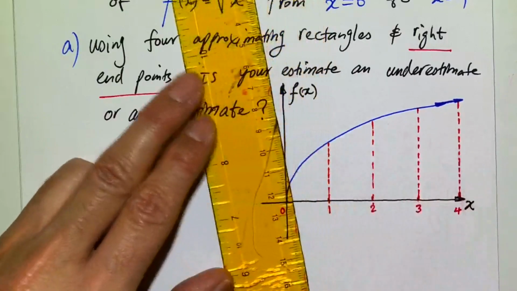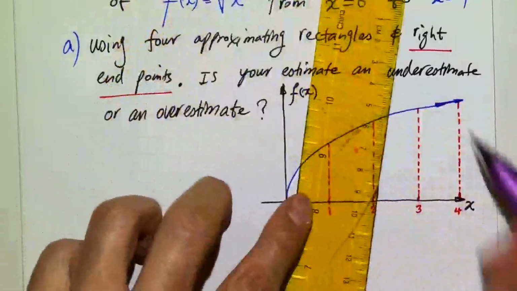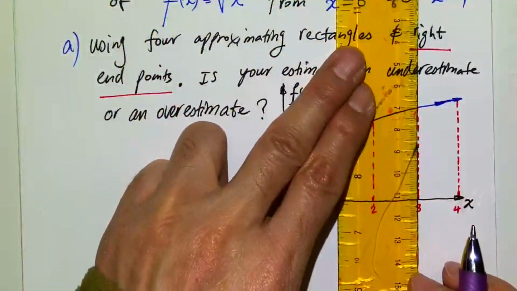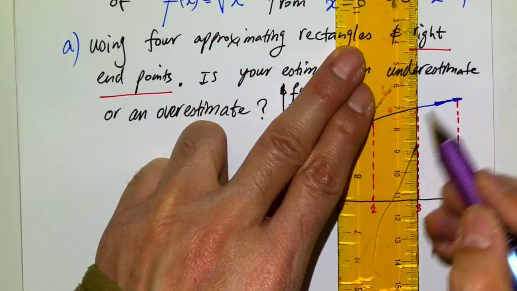So I'm making sure that the right endpoints are on the graph or on the curve.